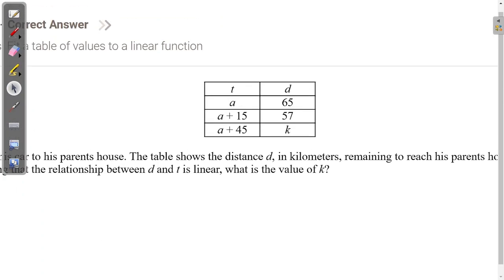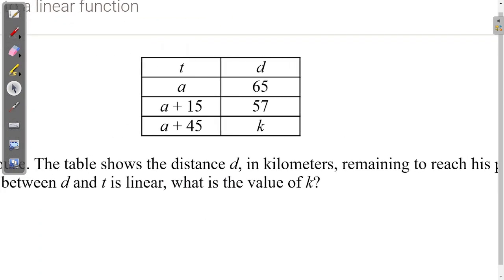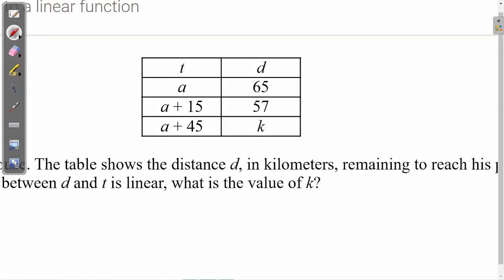For this one, look. First one, it's 65. Then when you add 15 to it, it becomes 57. So 65 minus 57, you see it decreased by 8. So when you add 15 here, it decreased by 8 here.